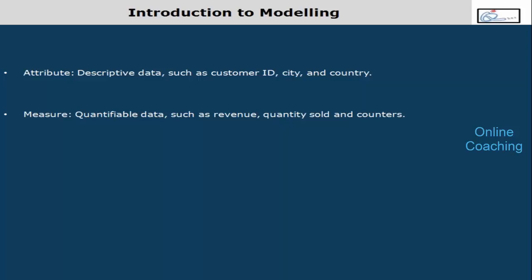If I give you a report with a small table saying country as one column and the revenue generated in the country as another column, what is my business user analyzing? What is the annual sales by that country?